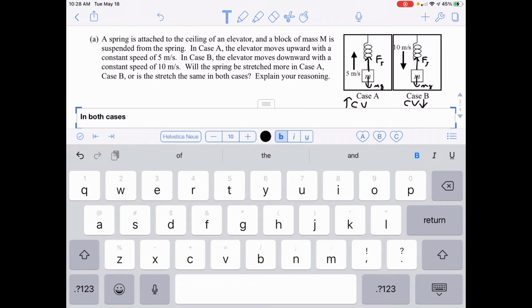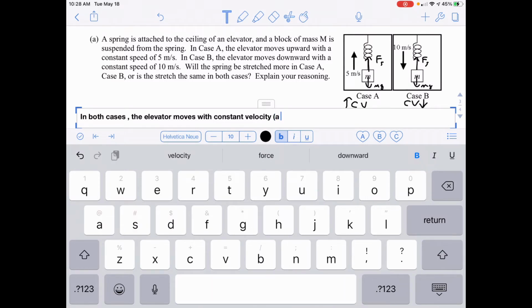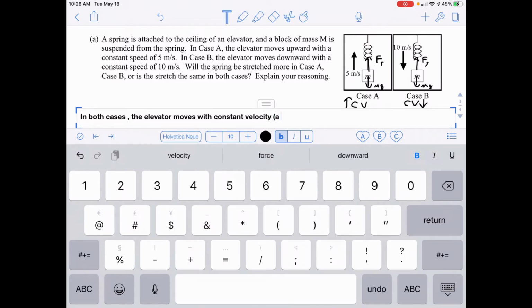In both cases, the elevator moves with constant velocity, which of course means acceleration equals 0.